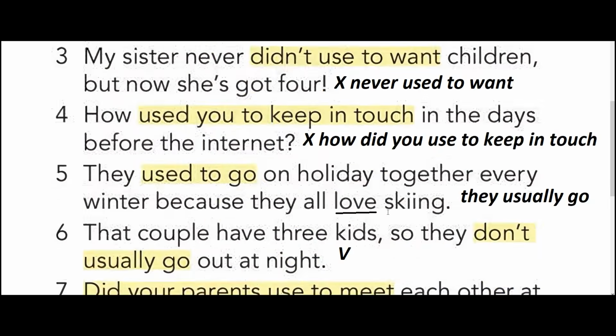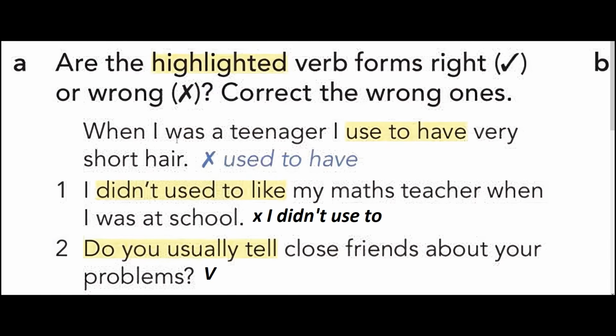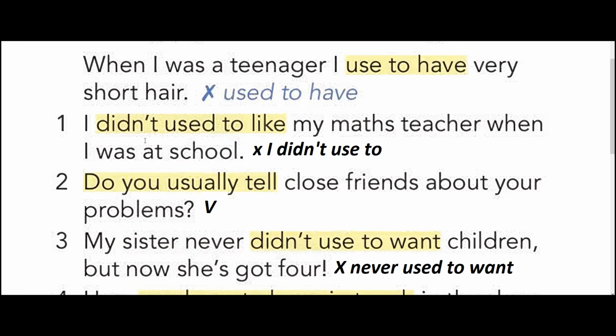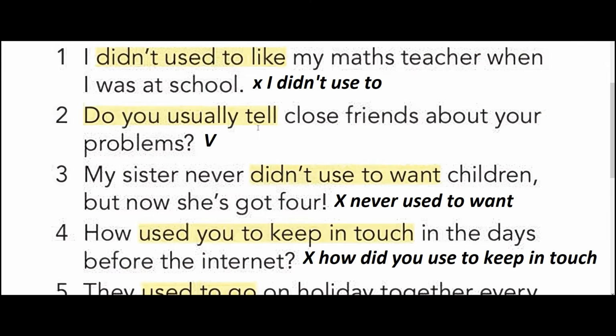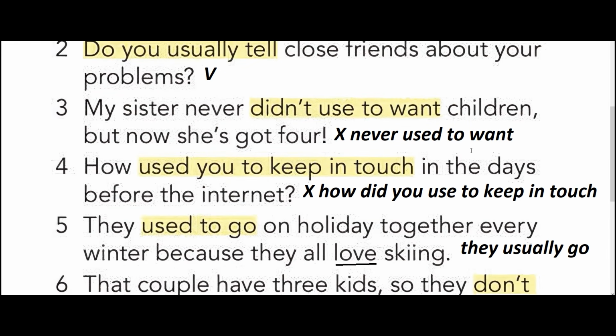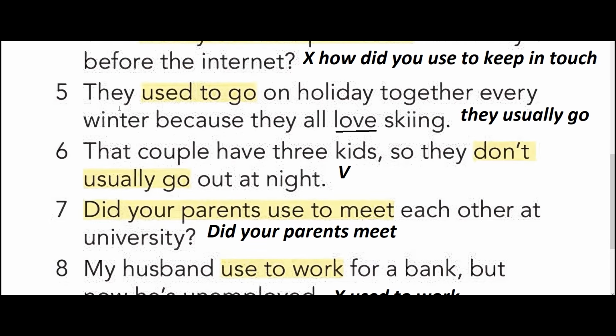Now, let's read the answer keys, yeah? When I was a teenager, I used to have very short hair. I didn't used to like my math teacher when I was at school. Do you usually tell close friends about your problems? My sister never used to want children, but now she's got 4. How did you used to keep in touch in the days before the internet? They usually go on holiday together every winter because they all love skiing.